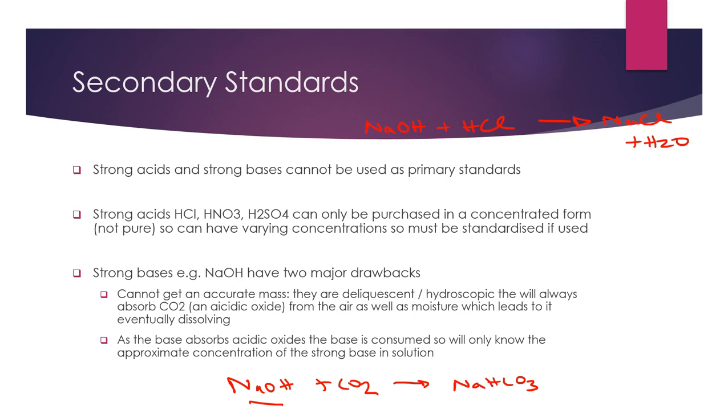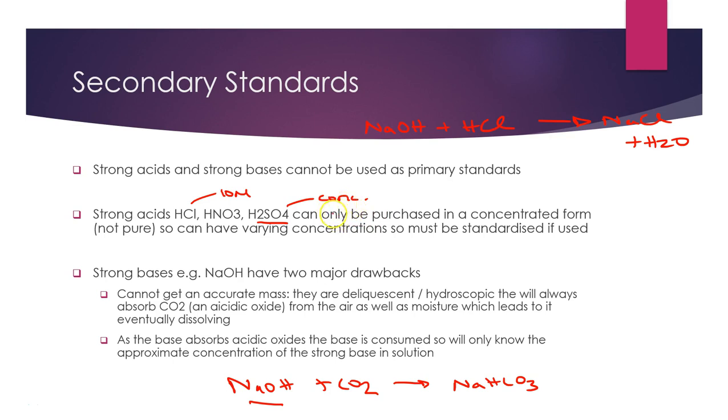The same goes for strong acids. They are only purchased in a concentrated form, not a pure form. Okay, so you'll notice when we use concentrated sulfuric acid in our acids and bases unit, it was between 6 and 10 molar, and then HCl, again, we use 10 molar, but these weren't pure, so we can't get hold of these strong acids in pure form.